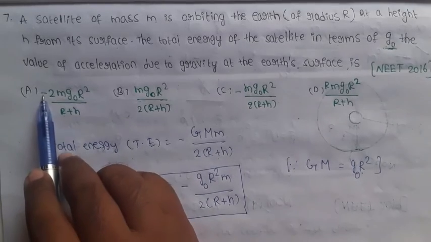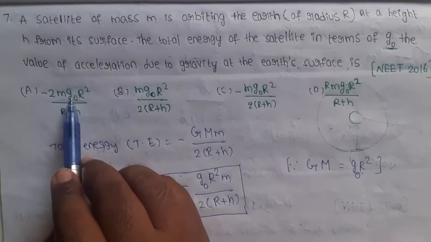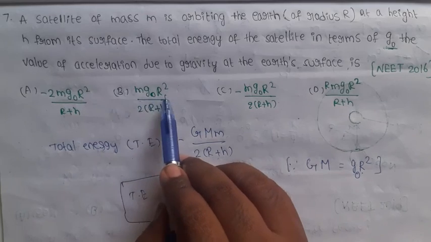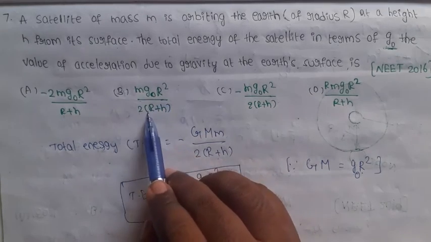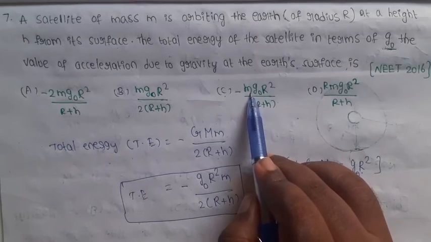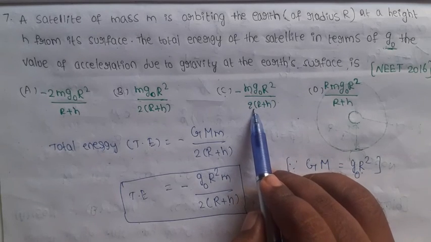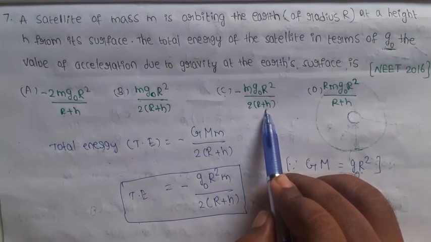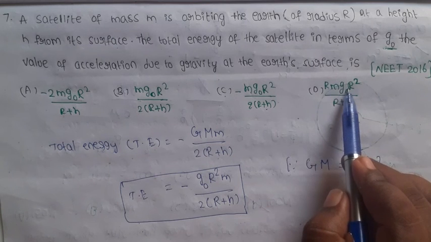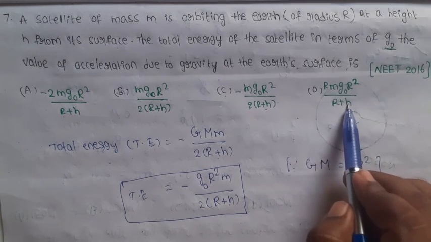Option A is minus 2 m g naught R square by R plus h. Option B, m g naught R square by 2 into R plus h. Option C, minus m g naught R square by 2 into R plus h. Option D, m g naught R square by R plus h.